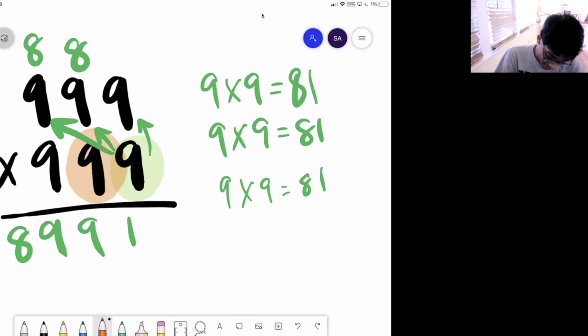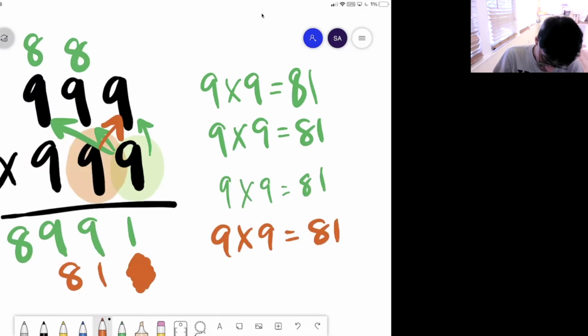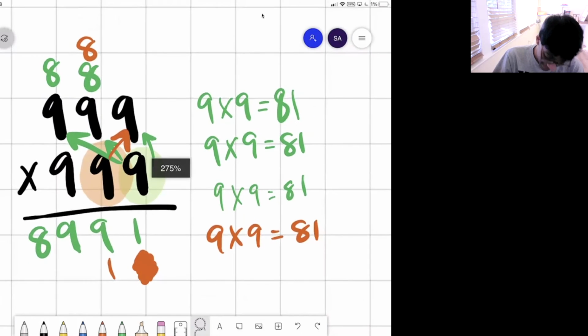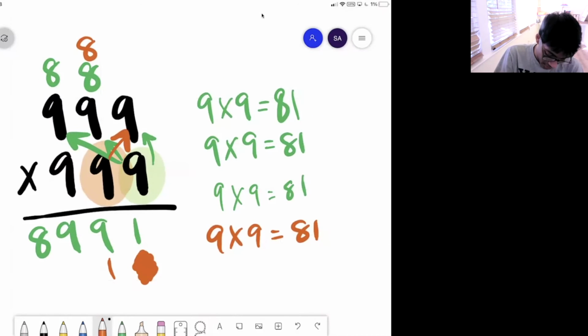Okay, we're moving on to the next 9, this orange 9. So let's do 9 times 9. Don't forget to put the placeholder. 9 times 9 is 81. We can write 81, but don't forget this 8 is blocking someone, so we're going to put it right here. Okay, so pay attention only to the orange. 9 times this 9, well, that's again going to be 81.